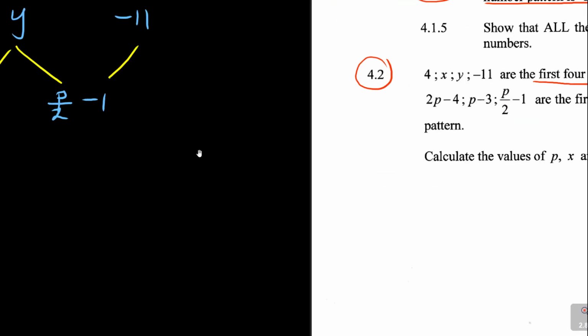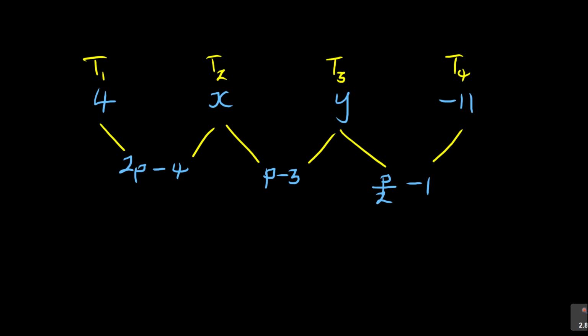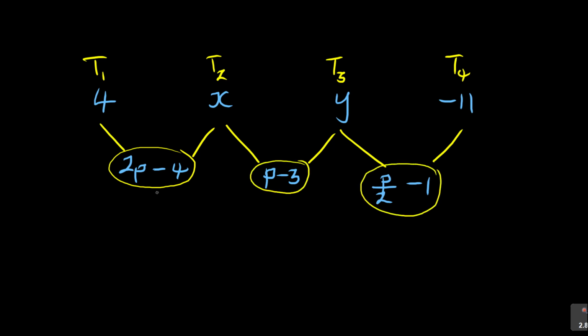This is 5 marks. So look at this. Remember, this is a quadratic pattern. So what you do is you continue growing it. Pretend each is one number. When you grow it, you subtract this one minus that.